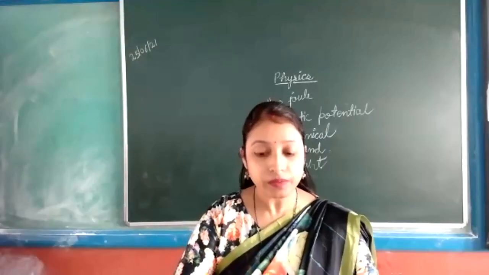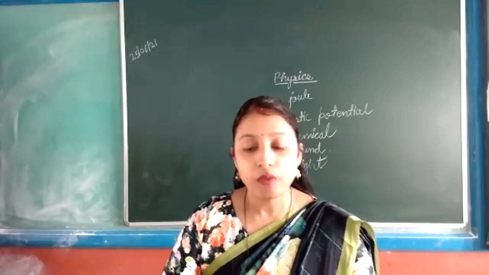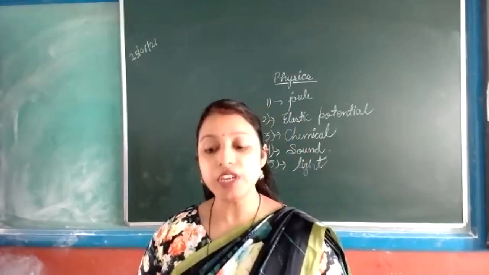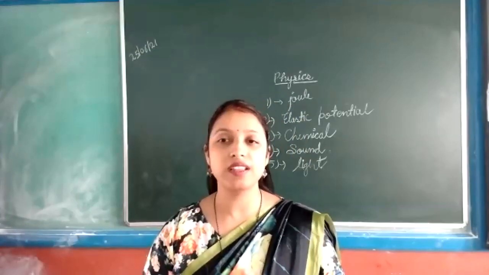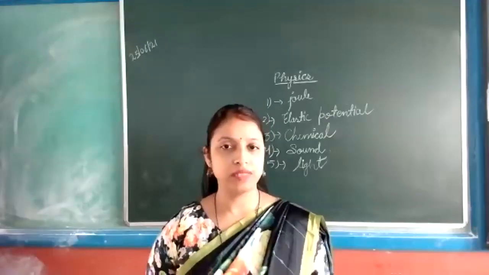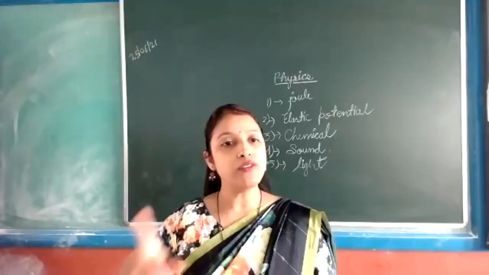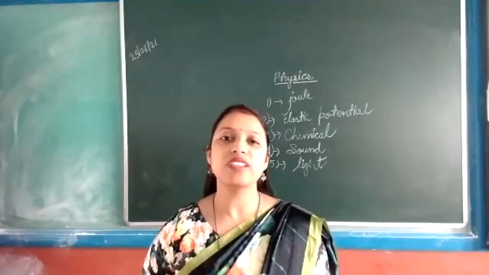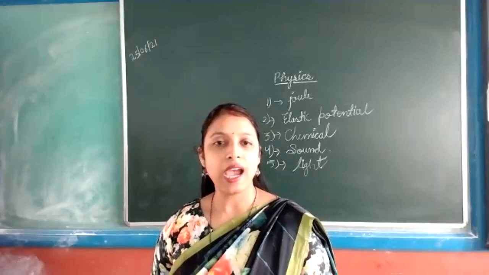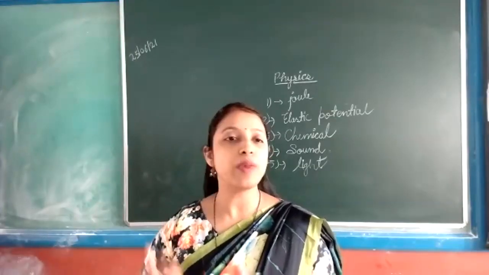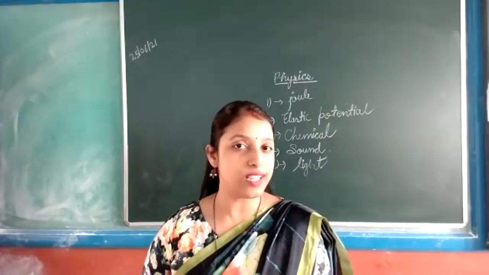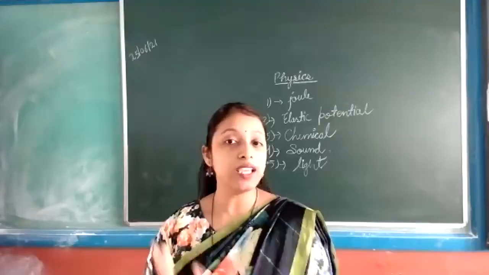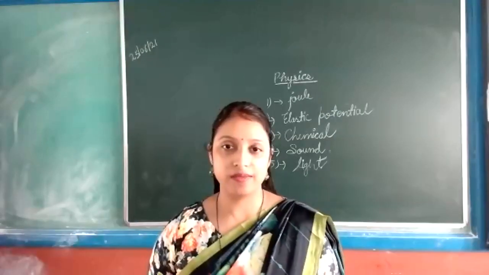Next question is the fourth one: what do you understand by the transformation of energy? Explain by giving an example. It's so simple. When one form of energy gets transformed into another form of energy, this is known as transformation of energy. An example: in an electric bulb, we transform electrical energy and we get heat energy and light energy.